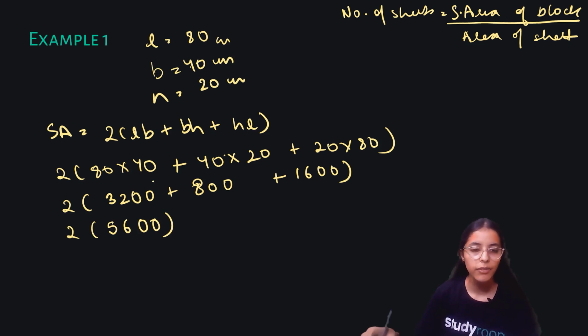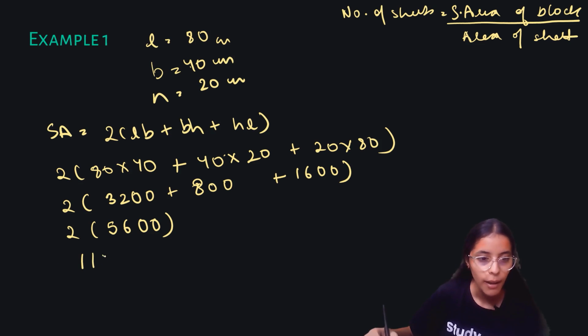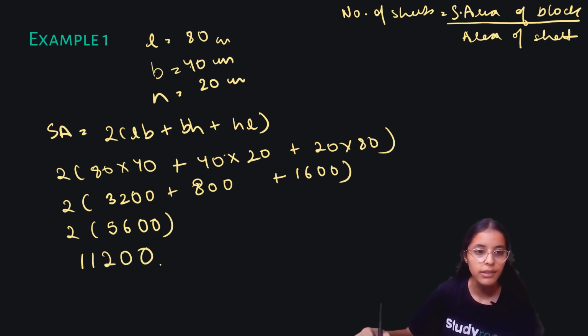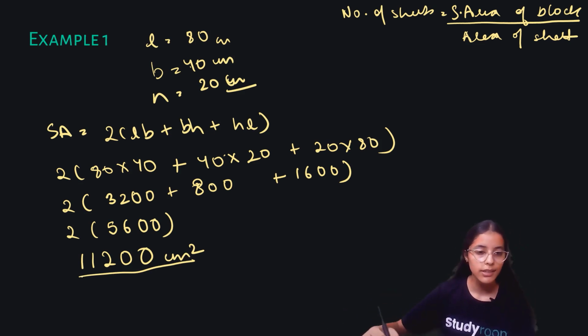When we add these we get 5600, and multiplying 2 by 56 gives 11200. So this is our surface area, with units of centimeter square, the surface area of the cuboid.